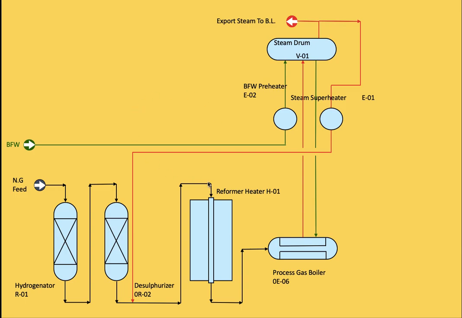The inlet temperature at this point is 550 degrees C and the outlet is around 850 degrees C. This reaction occurs inside the reformer tube. The rate increases with increasing temperature and is limited by the equilibrium.